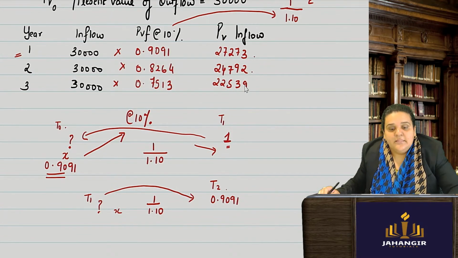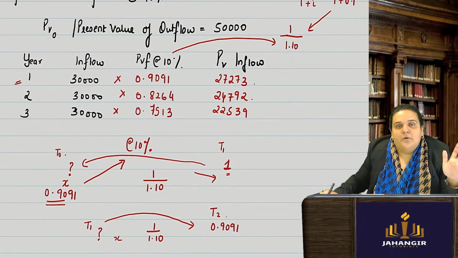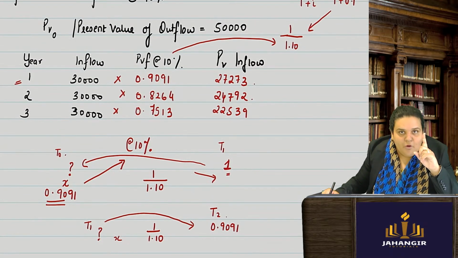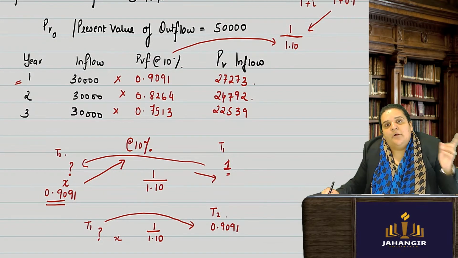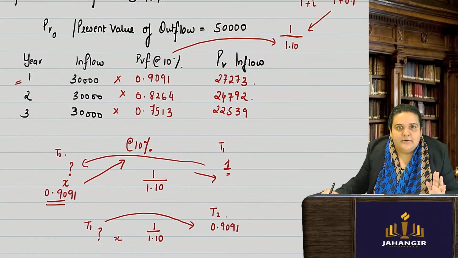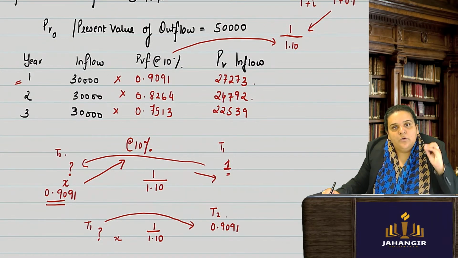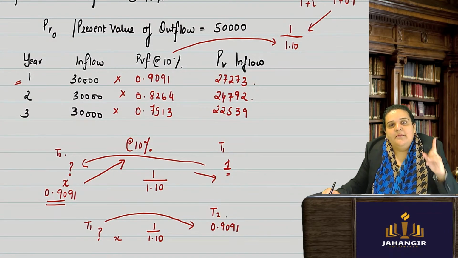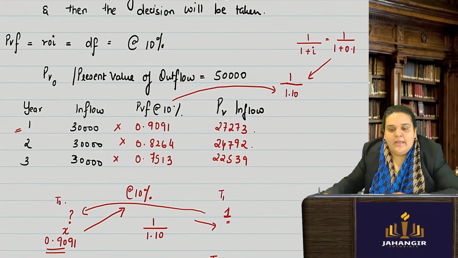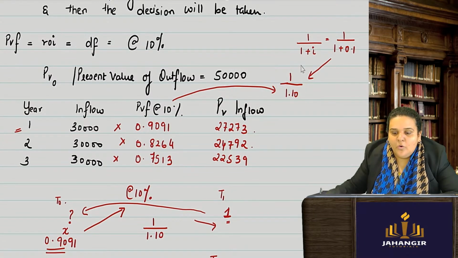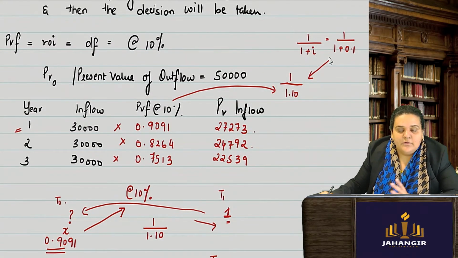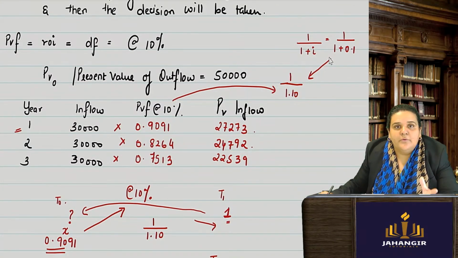You will get 22,539. These are the formulas to find the present value of 1 rupee at a discount factor of 10%, so 1 divided by 1 plus I. The whole thing we generally do raised to 3, as a cumulative factor. I don't want to go into it right now.